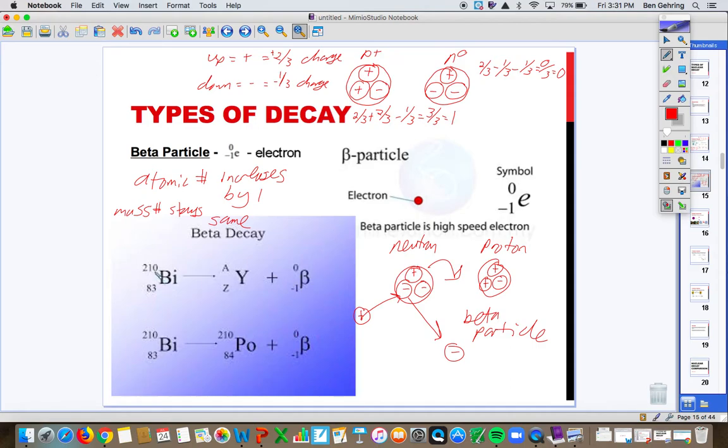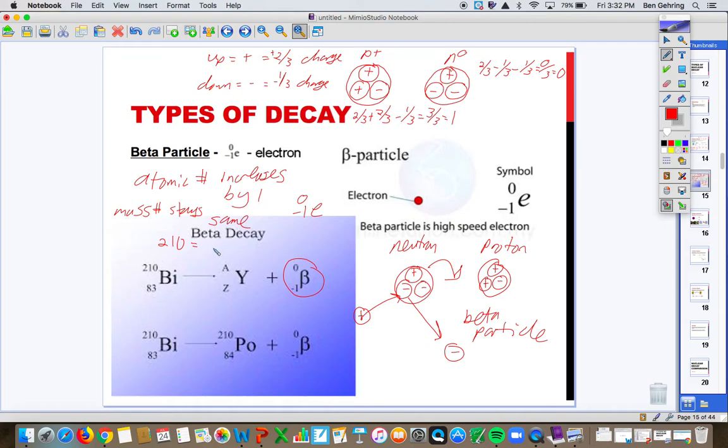I have bismuth-210 undergoes beta decay, so I know I'm going to lose a beta particle. So I have 210 equals, and I know beta doesn't have any mass, it's just got an atomic number of -1. This is my beta particle. You can write it as e, 0 over -1, or you can use the beta sign. Either way works.